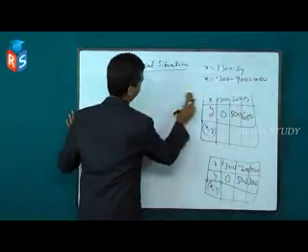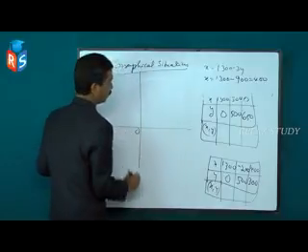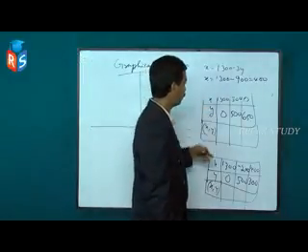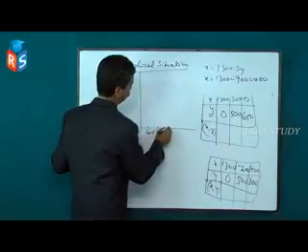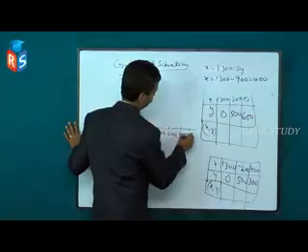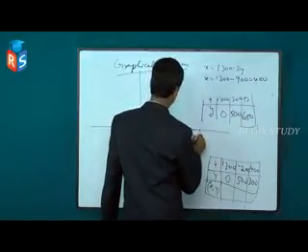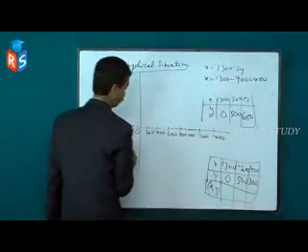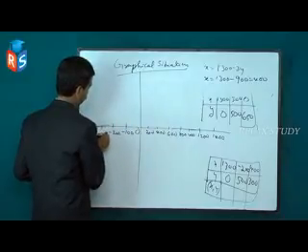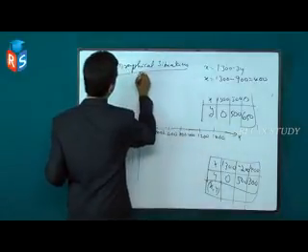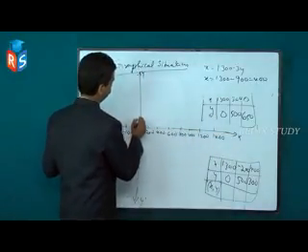From this we can draw a graphical representation. The maximum value of x is 1300, so take 200, 400, 600 like that. For y, the maximum value is 650.